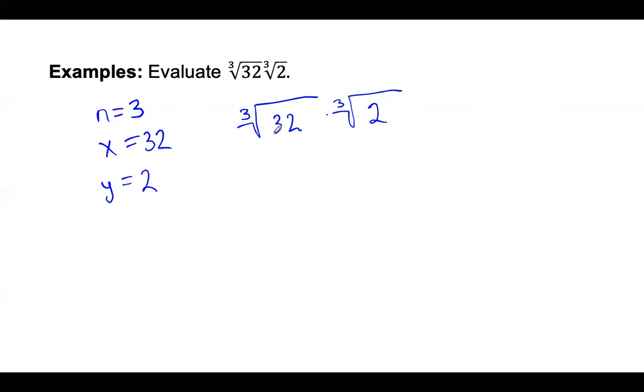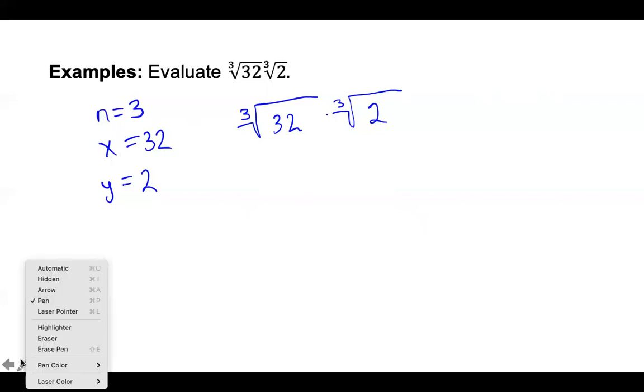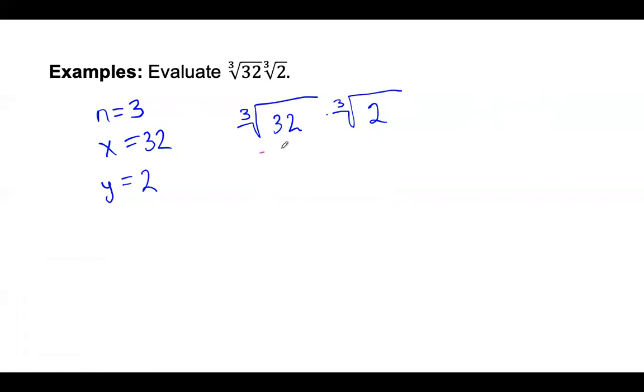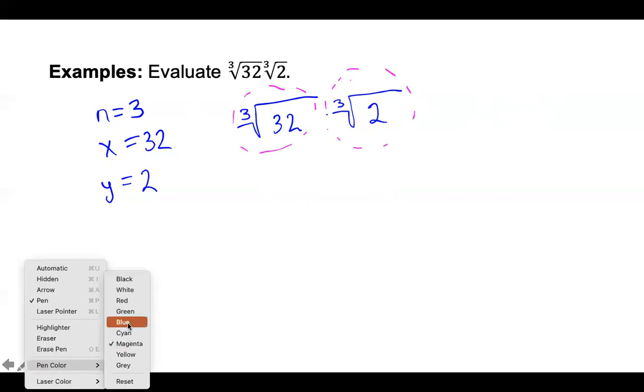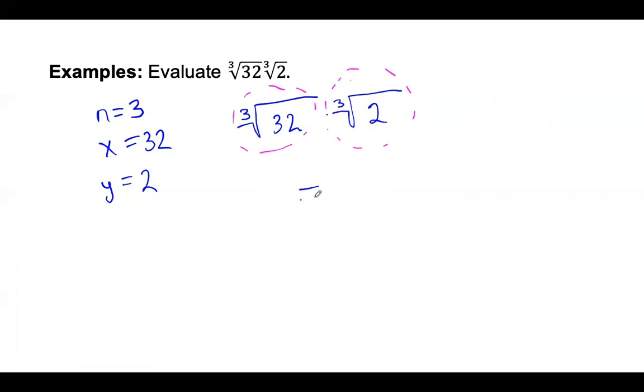So if we apply the rule, how do we do this? Yeah, exactly. Evaluating this individually and then multiplying is a little too difficult. We want to make our lives easy, right? Life can be hard sometimes.